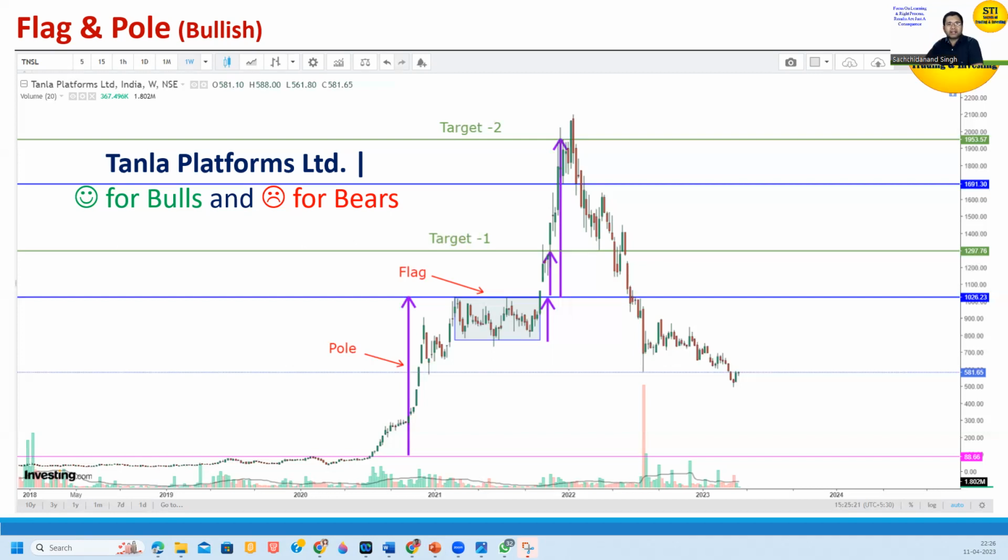I'm not sure if you were there as part of the initial market orientation session, where we discussed in detail that when we are learning technical analysis, ideally we don't need to know about the company. Whatever the company's decision will be, it will automatically reflect in the price action or the price pattern of the chart.